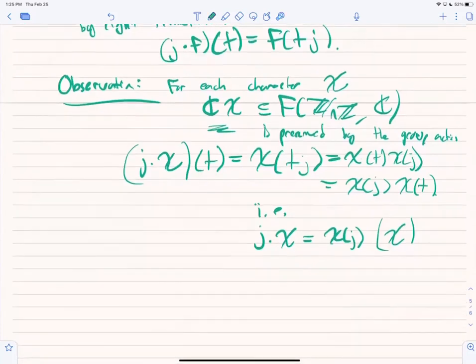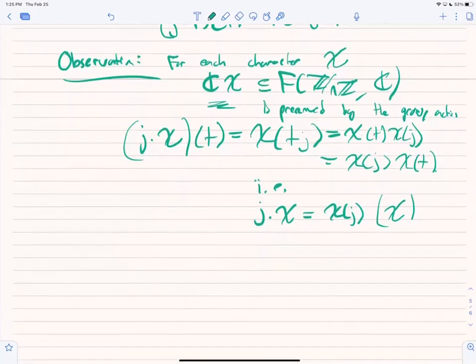So what this means is that the basis chi k, for k in Z mod NZ, gives a decomposition.